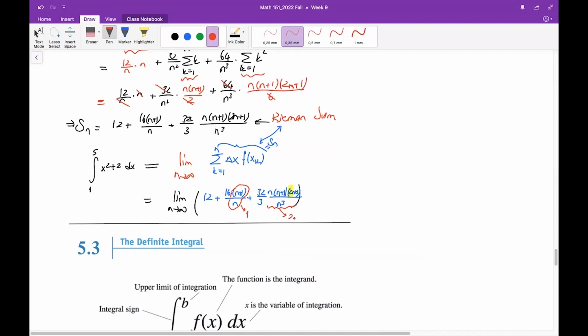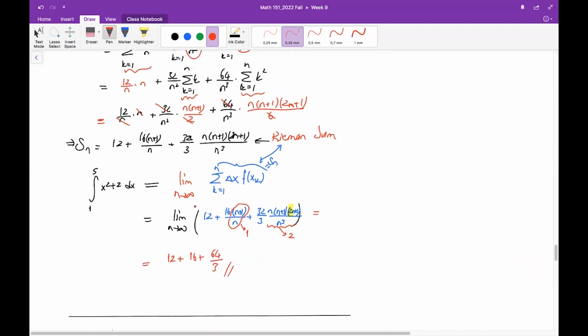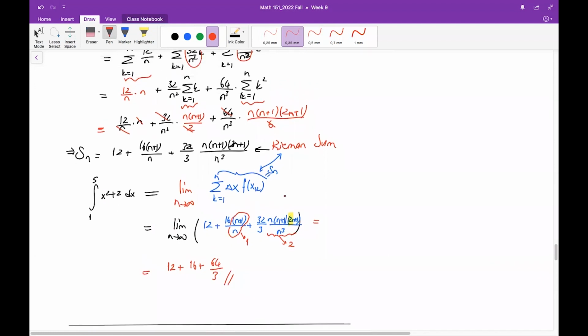So it will go like 2. That's why the result of this limit is, I think, 12 plus 16 plus 64 over 3. So this is the result of this definite integral computed by taking the limit of the Riemann sum.